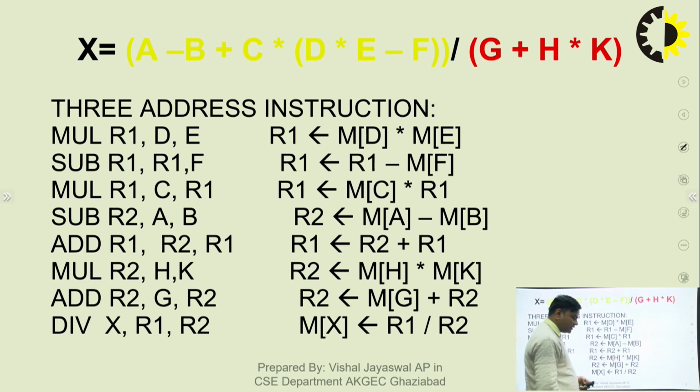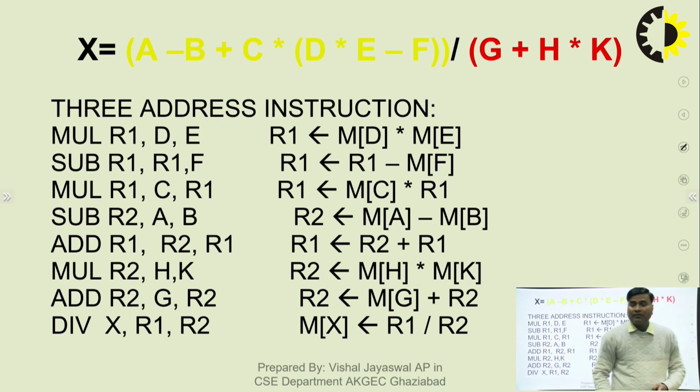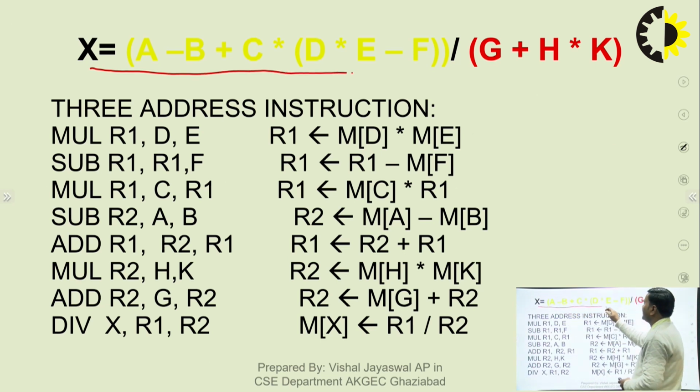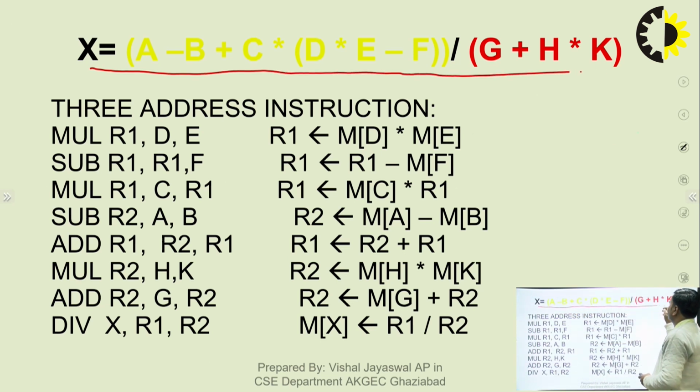To solve this question, first we write the whole expression, that is X equal to A minus B plus C into D into E minus F divided by G plus H into K. For solving this question, we have to keep in mind the BODMAS rule.